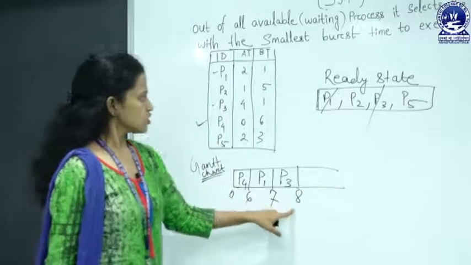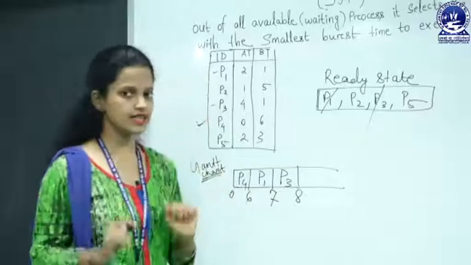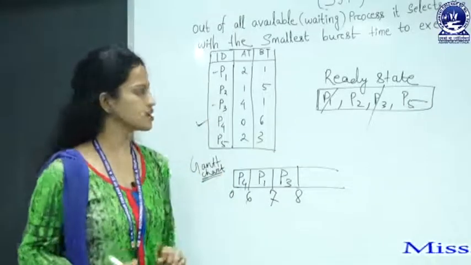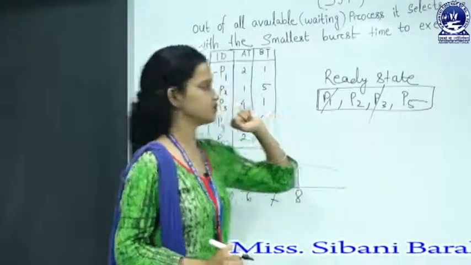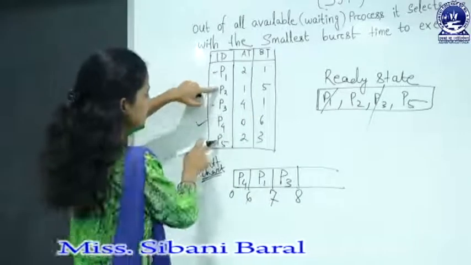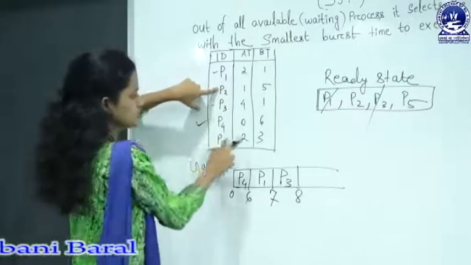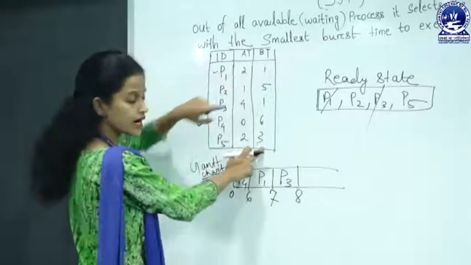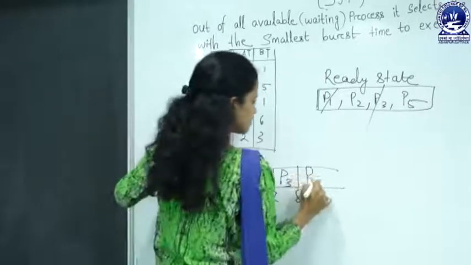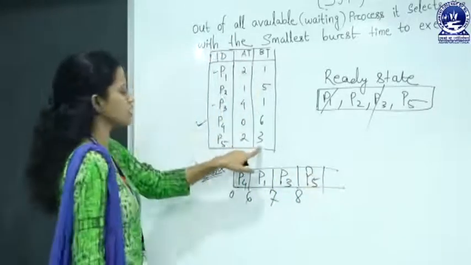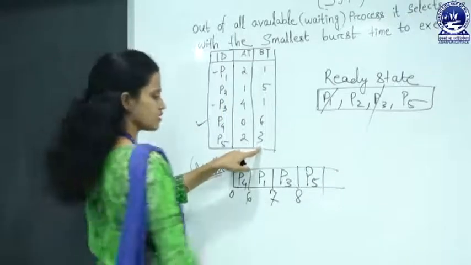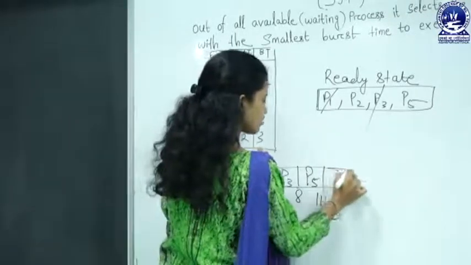Next, in the ready state, how many processes are there? P2 and P5. Look at the burst time. So 3 is less than 5. So we have to allocate P5. What is the burst time of P5? That is 11.